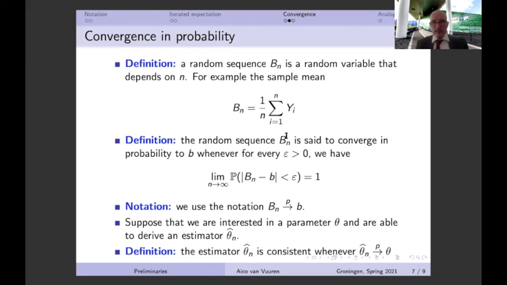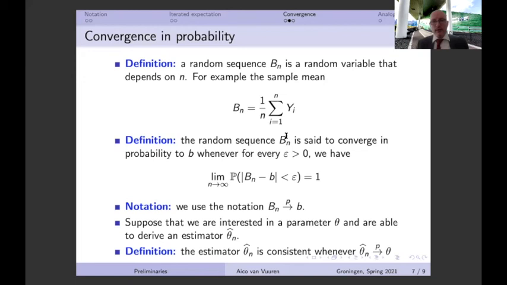So you could also phrase it as follows. If somebody gives me an epsilon, then the only thing I need to do is give an n in such a way that if the real n is larger than the n that I give, then the difference between my sequence and where it's going to converge to, in absolute values, should be smaller than epsilon.